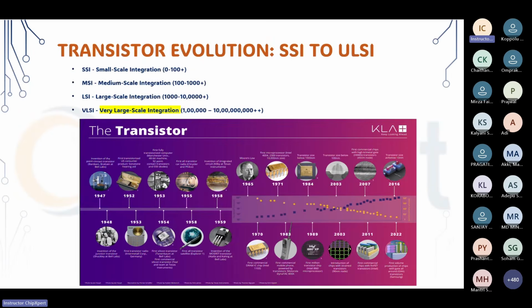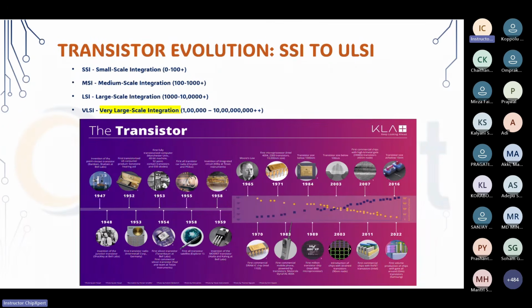Okay, if you see the evolution of the transistor, from 1947, when they invented the transistor in the labs, it's been like we have billions of transistors currently. The evolution started with CMOS, but now we are at FinFET technology and GAAFET technology, which is gate all around.